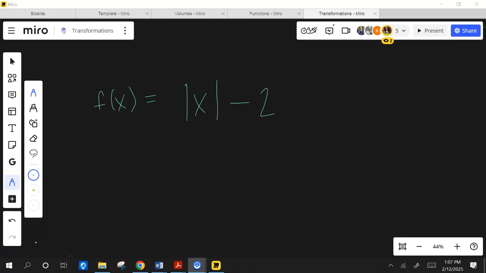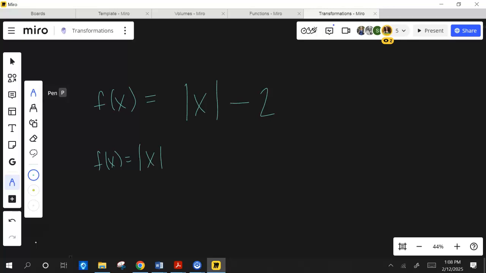When you do parent functions, you just put absolute value. Put absolute value of x. So the parent would be this. You don't have to draw the parent unless you need it. The parent is just the 0, 0, 1, 1, negative 1, 1.